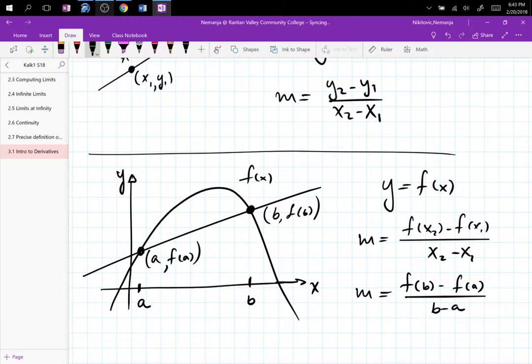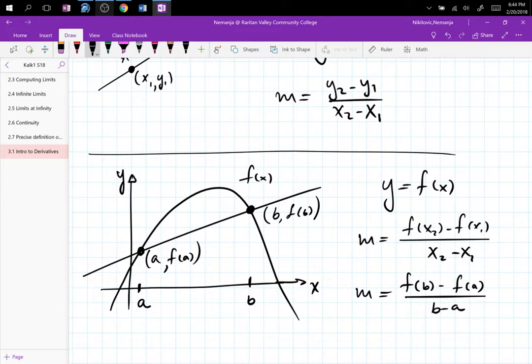Whatever you want to use, we still see the same formula from your Algebra 1, elementary algebra: y2 minus y1 over x2 minus x1. Because that is the way to compute the slope when you have 2 points. And that's the end of the story. Now this line is called the secant line, from the Greek word to cut.